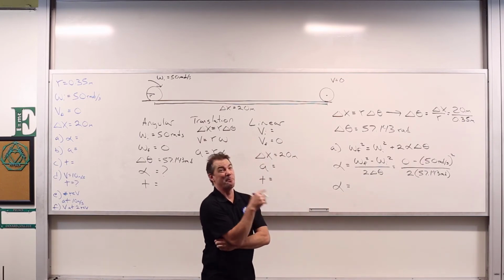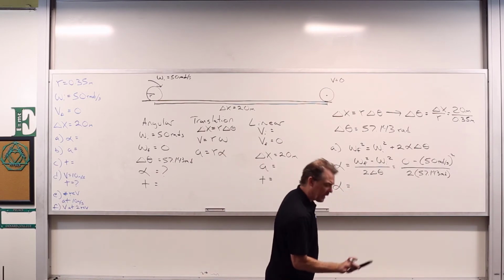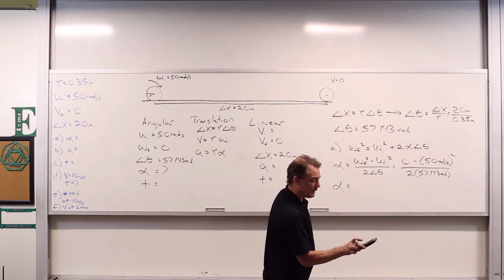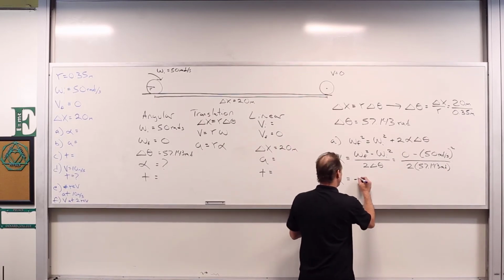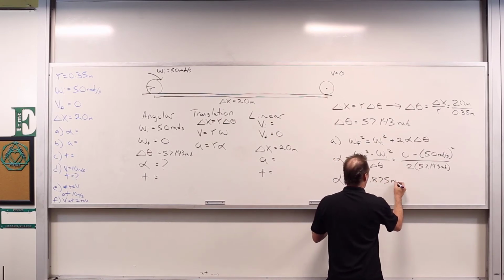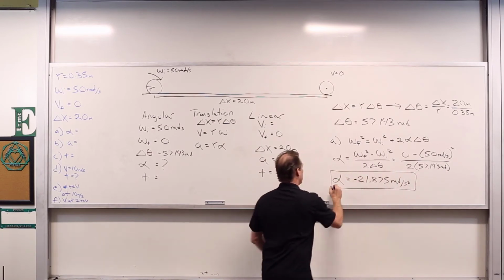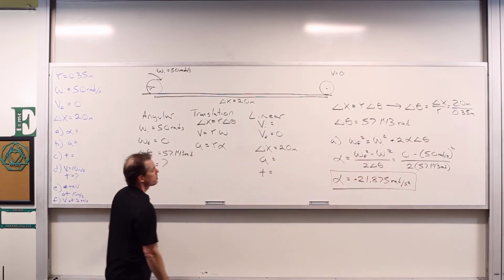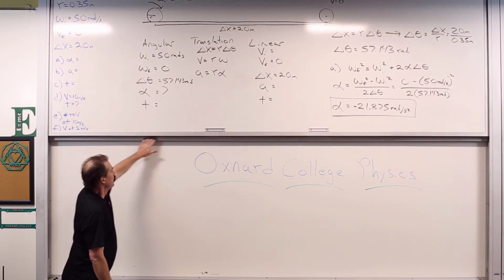So angular acceleration better be negative, slowing down its rotational rate. And it turns out to be negative 21.875 radians per second squared. So there is our angular acceleration, part A.